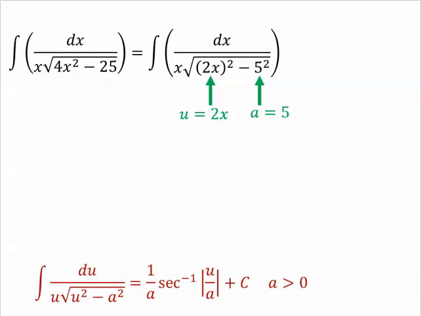If u equals 2x, then du equals 2 dx, and dx equals a half of a du. Now, with the choice of u equals 2x, then x would be a half of a du. Do all your substitutions.